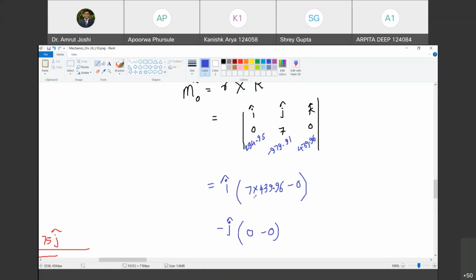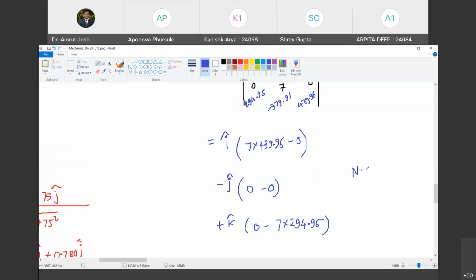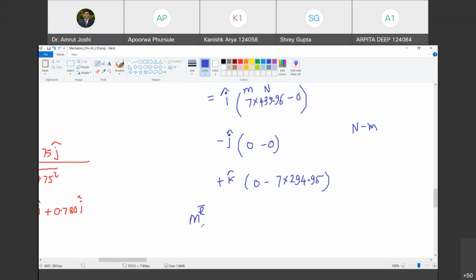Okay, and what will be the unit of this moment? It will be in Newton meter, because I have multiplied force, I have forces in Newton and lengths in meter. Happy? Yes, sir. Okay, so now can you tell me what is the first term? Somebody please do it and let me know. 7 into 439.96, how much? Sir, 3079.72 i cap.